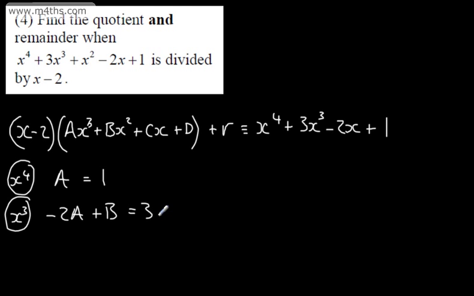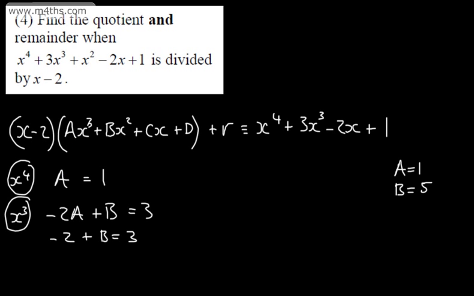Now, we already know that a is equal to 1, so minus 2 lots of 1 is going to give us negative 2, plus b is equal to 3. So we can see that b is going to be equal to 5. So a is equal to 1, b is equal to 5.